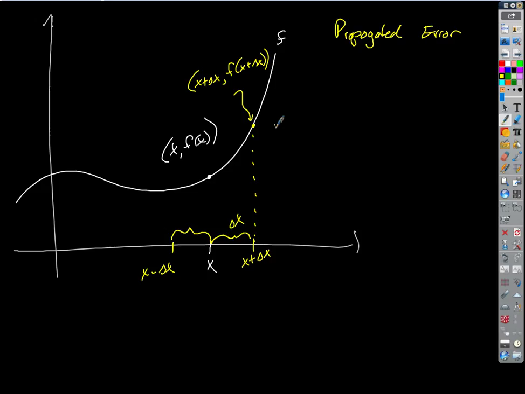Our function is curvy here, it's not straight, right? But if the error is sufficiently small, like if this delta x is really small, let's say the delta x was only just this wide instead. So we went from there to there. Well, now, if I focus in on just that little part of the curve, would you agree that it starts to look straighter?